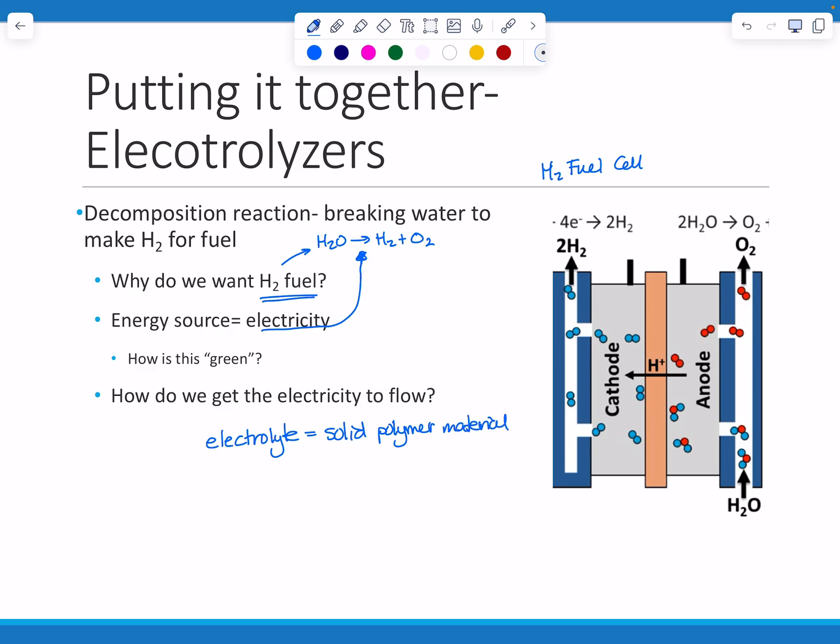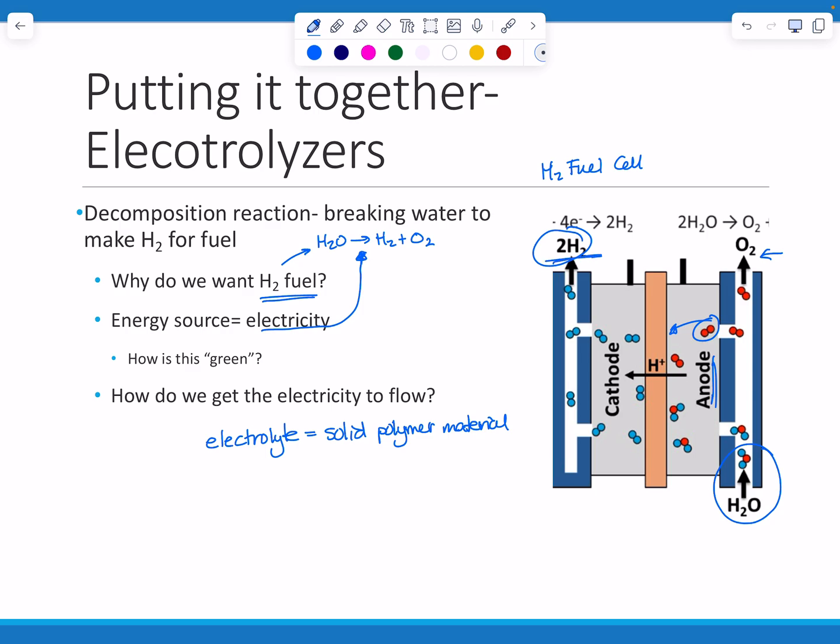All right, and then water is going to react over here at what we call the anode. And that's going to form our oxygen, and it's going to form the hydrogen. And those hydrogen molecules are going to be ionized, and what will happen is you'll get electrons flowing through a circuit, and eventually you're going to be getting hydrogen gas out of it.